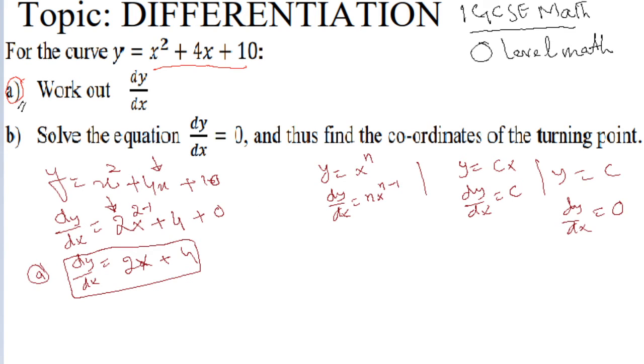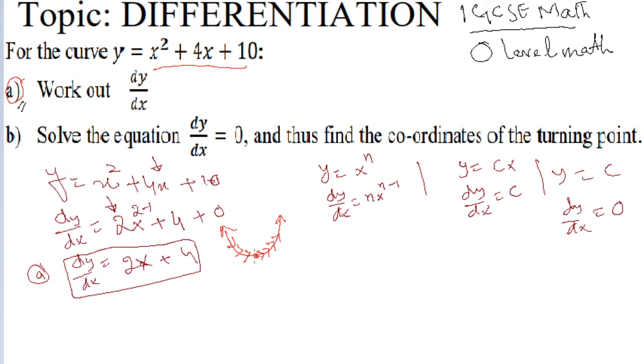Now second part. Solve the equation dy dx equal to 0 and thus find the coordinates of the turning point. Look, I have told you about a turning point. If this is the curve, I'm coming down, coming down, coming down, then I'm moving up. After this point, I'm moving up, moving up, moving up.